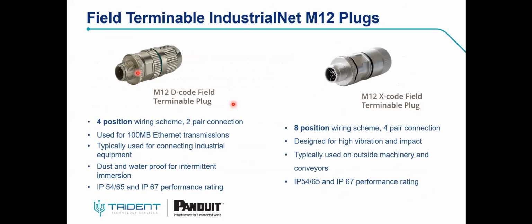The main difference, as we said before, between the D code and the X code: the D code can transmit up to 100 megabit per second and you can use it with 2-pair connections. But for the 4-pair connection, which is familiar for all of us, you can use the X code. It contains 8 positions, so you have 4 pairs that can be connected inside it.